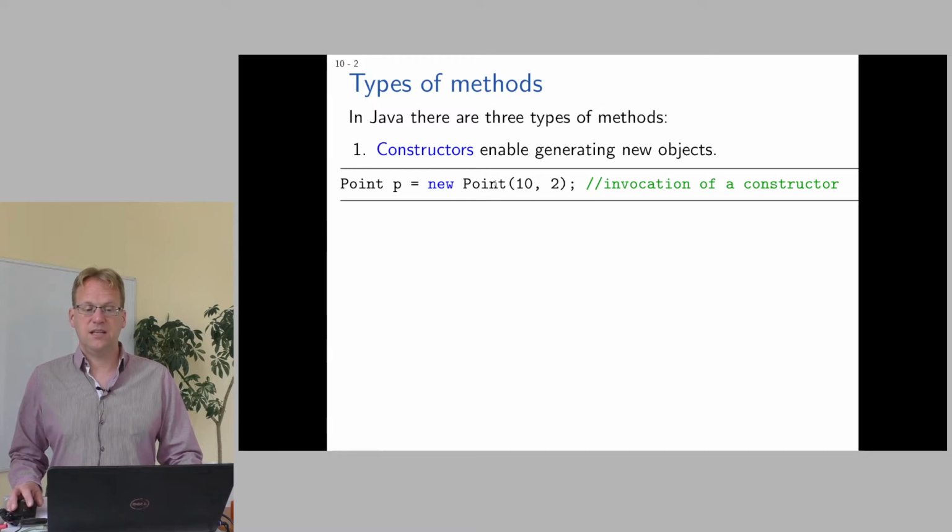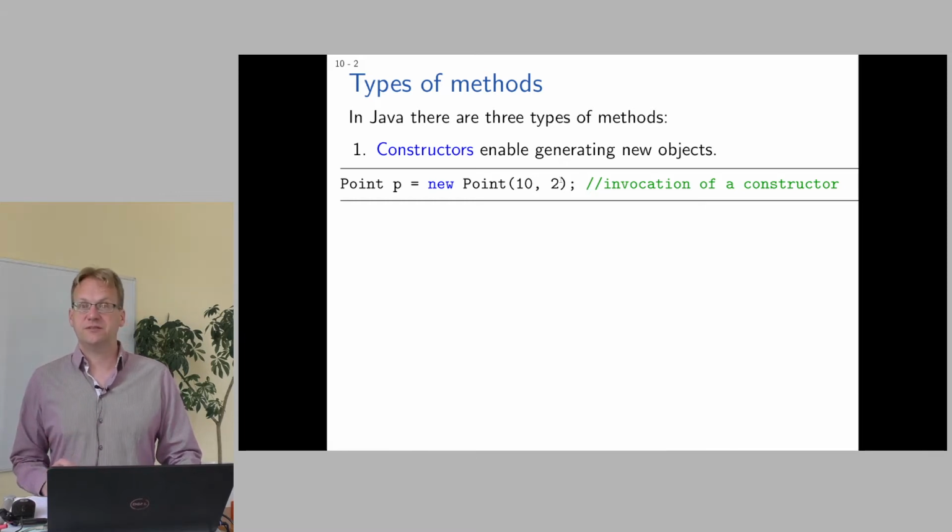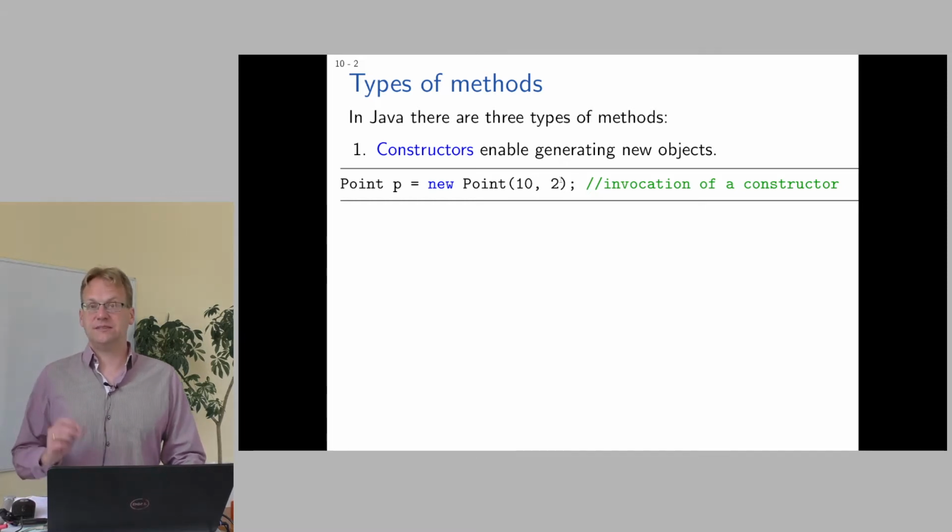And then there is the name of the constructor, which is always the same as the name of the class. And in the round brackets, you see the arguments handed over to the constructor. These are usually the attribute values of your new object. So here I'm instantiating a new point object with coordinates 10 and 2.